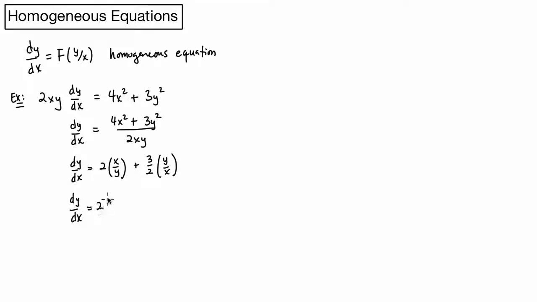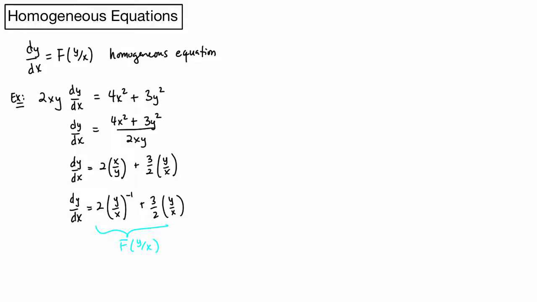I'm going to convert x over y to y over x inverse. And you can see here that the right-hand side of the differential equation is a function of y over x, as was indicated as the form of a homogeneous equation.